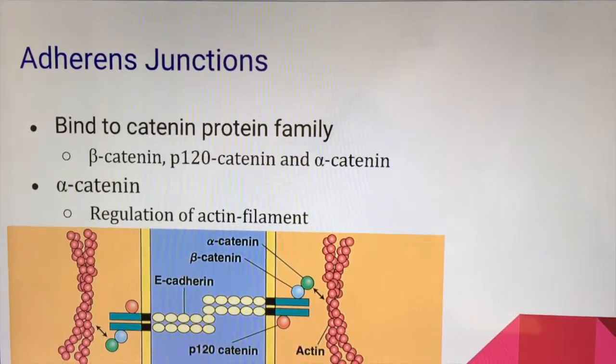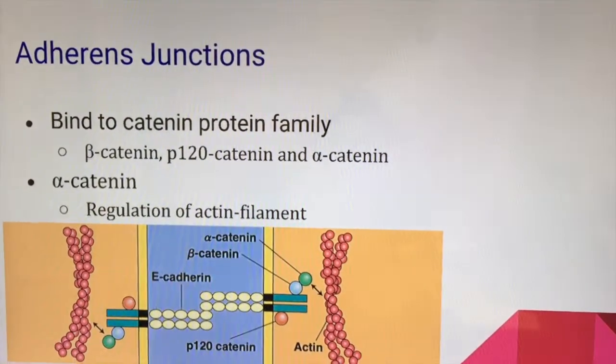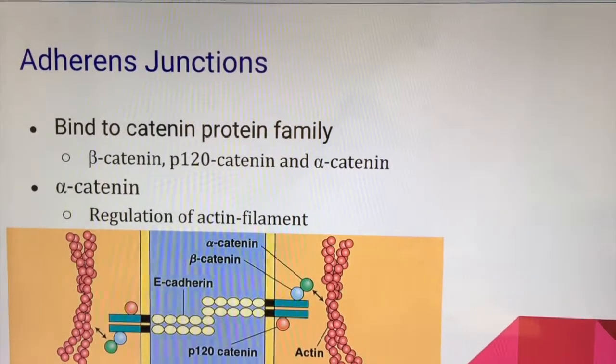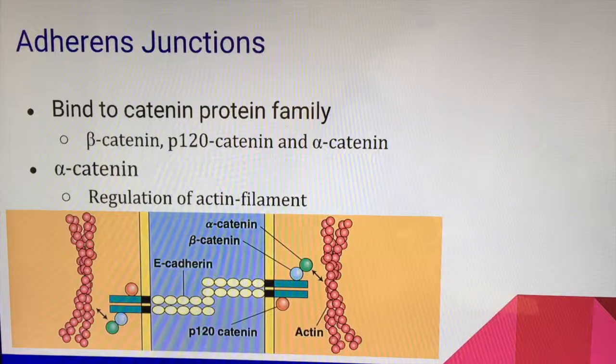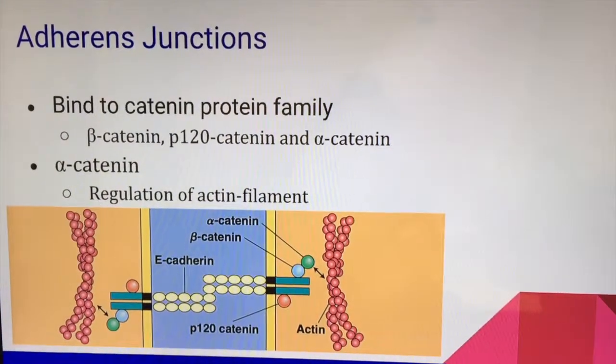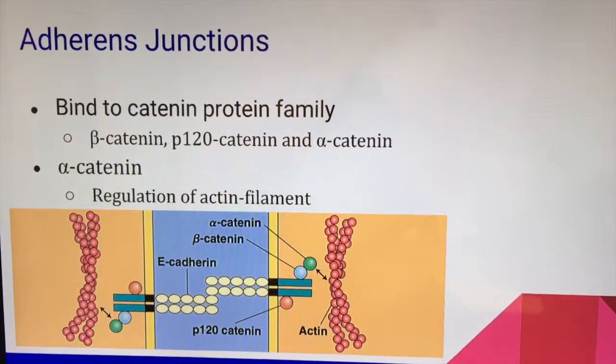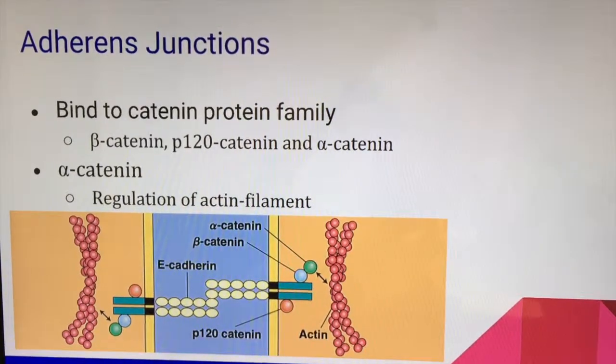Then the alpha catenin binds to the beta catenin and forms a protein complex. Now when the adjacent cells are clustered together, the complexes then begin to assemble or remodel the adherent junction.